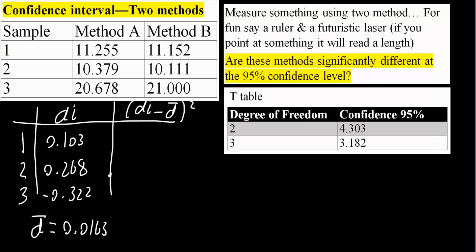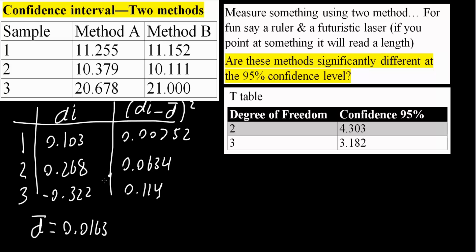We square it, and we would get 0.00752. Next, we do this one. So 0.268 minus 0.0163, close parentheses, we square it, and we would get 0.0634. Finally, the third one. So we say negative 0.322 minus 0.0163, close parentheses, and we square it, and we would get 0.114.